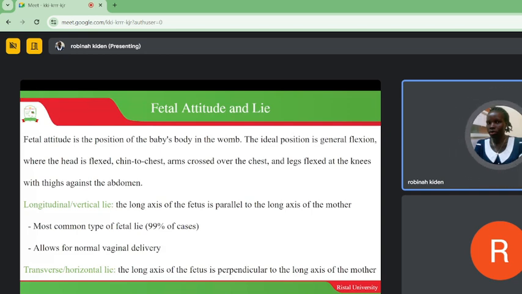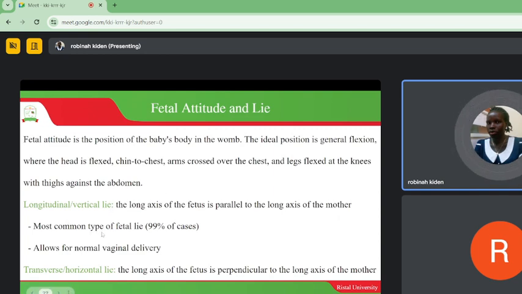Then we look at the longitudinal or vertical line. We expect that in normal pregnancy, the fetus will be lying longitudinally. The long axis of the fetus is parallel to the long axis of the mother. That is how it should lie.